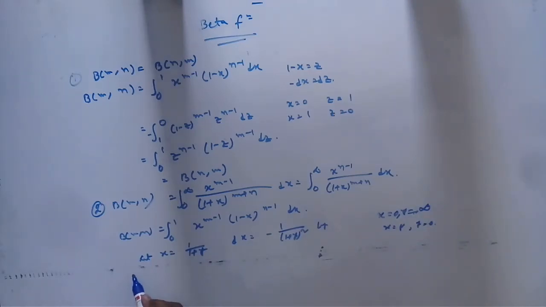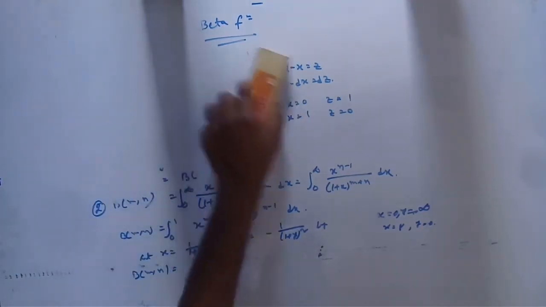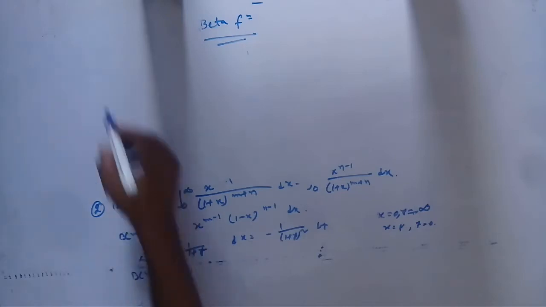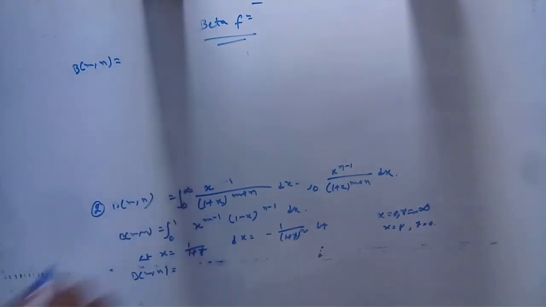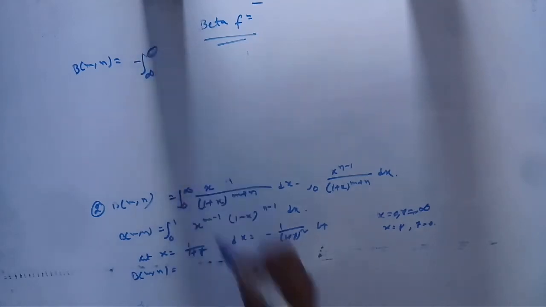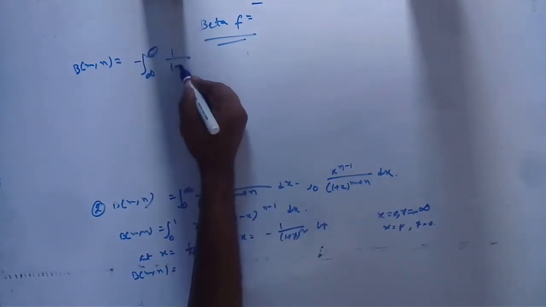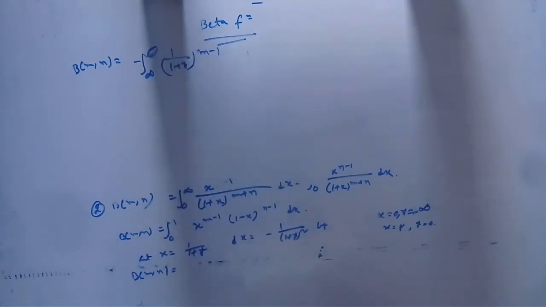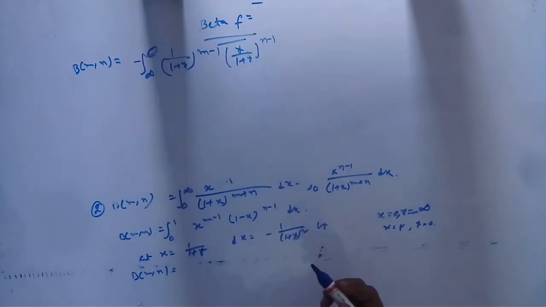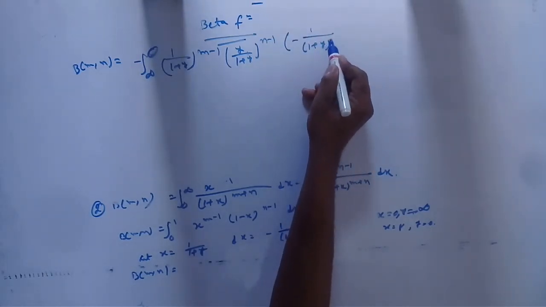So beta m,n equal to minus integration infinity to 0, 1 by 1 plus y whole to the power m minus 1 into y by 1 plus y whole to the power n minus 1 into minus 1 by 1 plus y whole square dy.